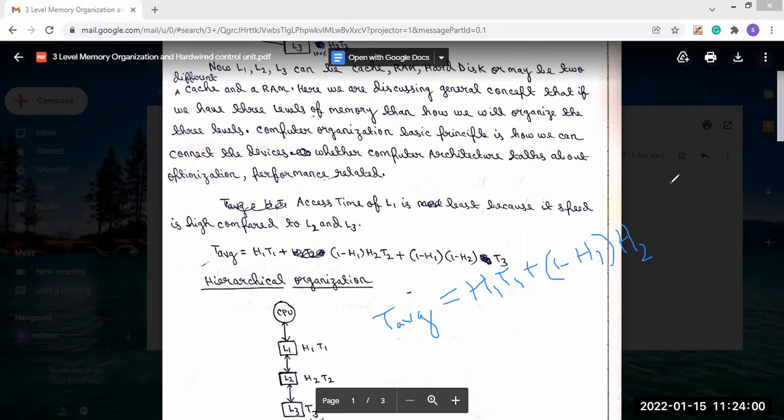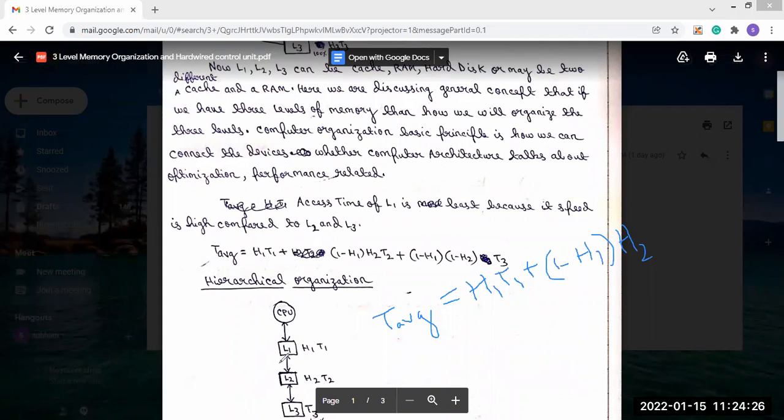In the independent organization it would be T2, but for this hierarchical organization, the data is searched serially, whereas in the independent organization the data is searched in parallel.